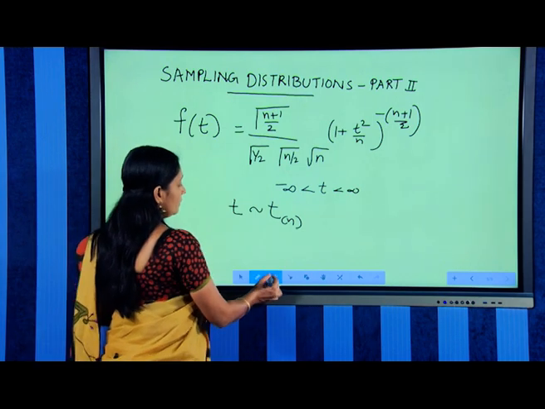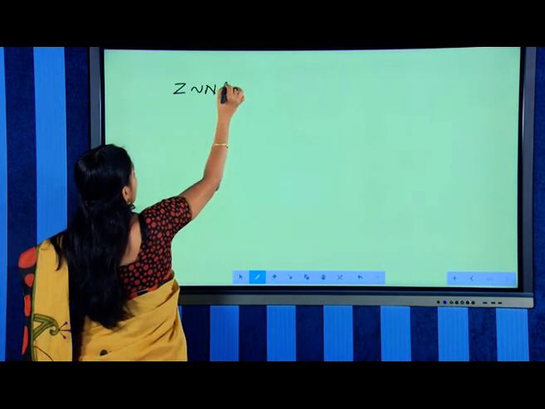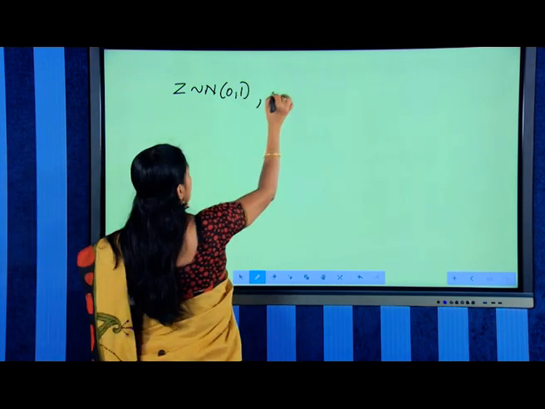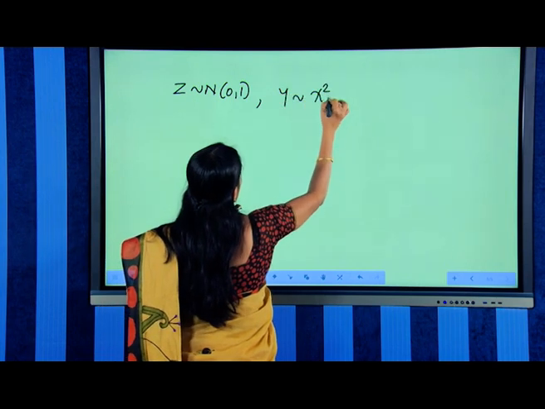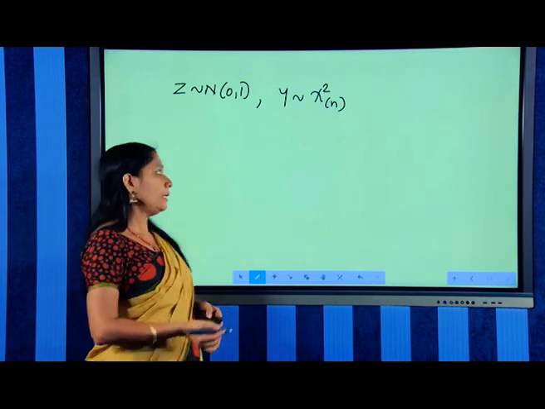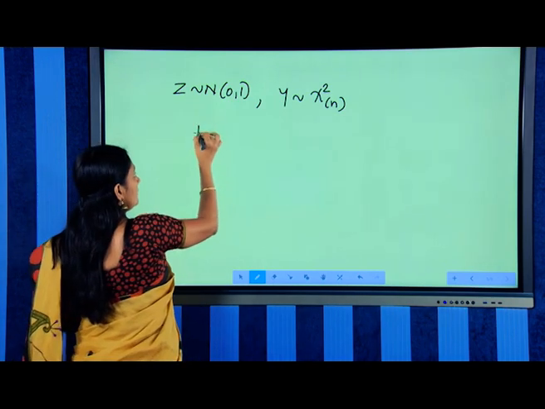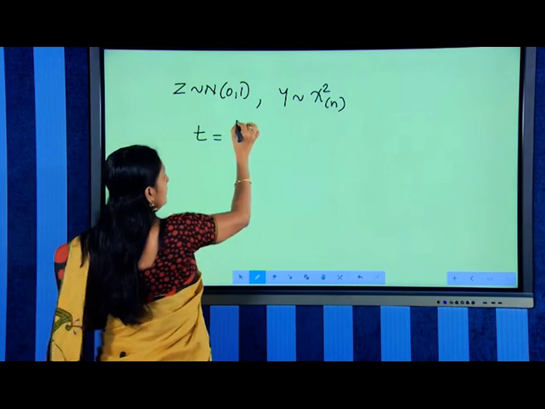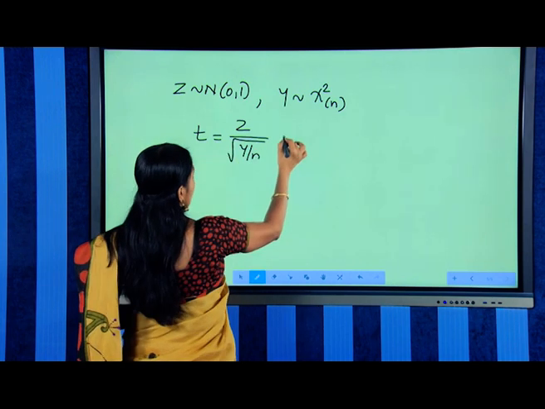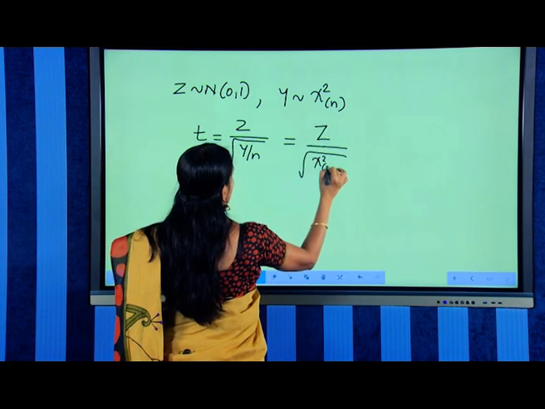If Z follows N(0,1), that is standard normal distribution, and Y follows chi-square n, a chi-square distribution with n degrees of freedom, and if these two random variables Z and Y are independent, we consider the statistic t is equal to Z divided by root of Y by n, or the same as Z divided by root of chi-square n by n.